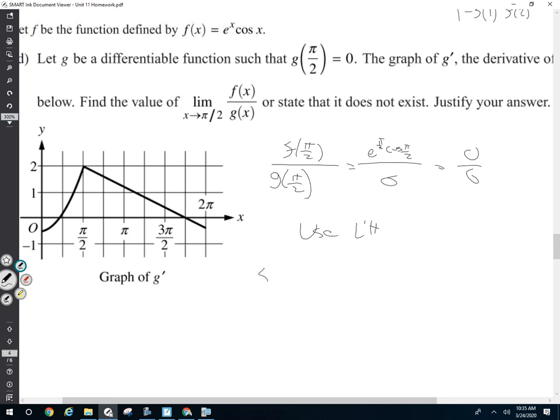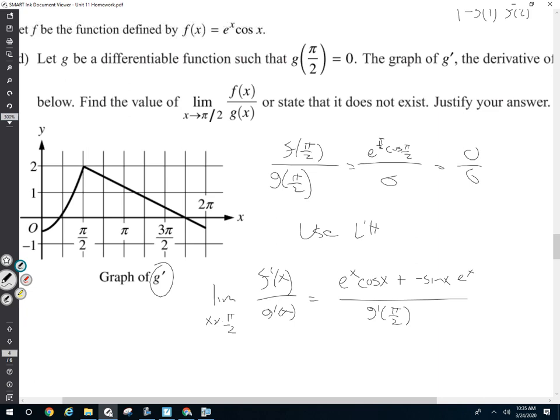Okay, so that means f prime over g prime. Limit as x approaches pi over 2. F prime is e to the x, derivative of the first times the second, plus the derivative of the second times the first, all over g prime of pi over 2. Here's g prime. What's g prime of pi over 2? It's 2, right?